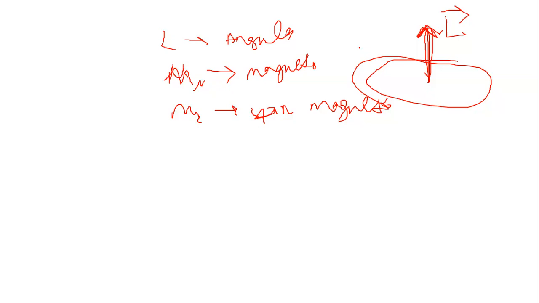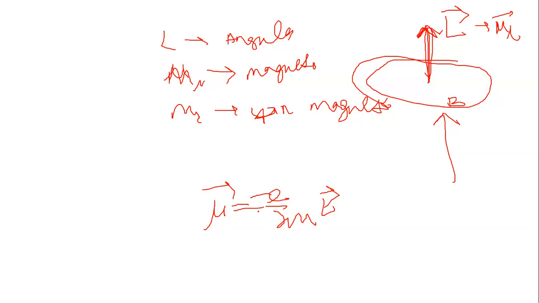So when an atom is placed in an external magnetic field, initially the orbit was like this, but when the atom is placed in an external magnetic field, the orbit starts to orient. If there was no magnetic field, then the orbit is like this. But when you apply a magnetic field, corresponding to L we know there is mu L. What is mu L? Mu L is minus e by 2m into L. So due to the orbital motion of the electron, there was an orbital dipole moment.